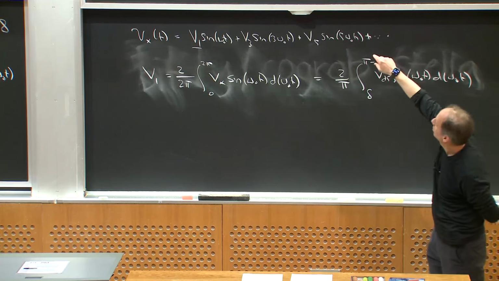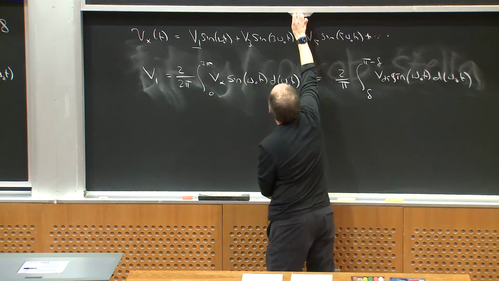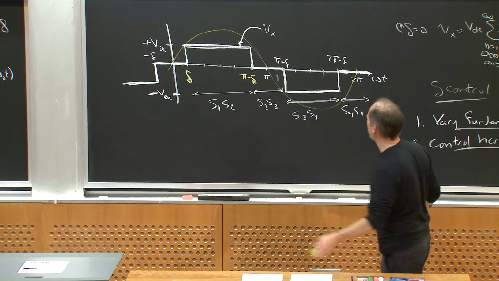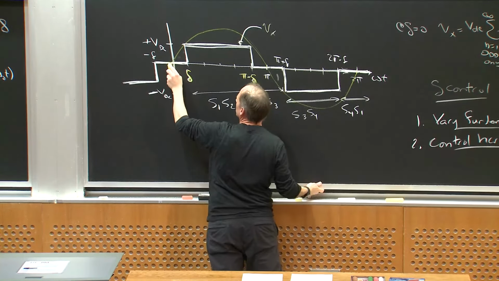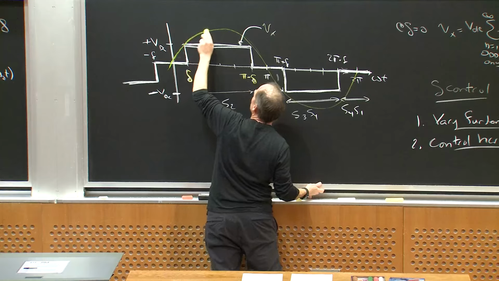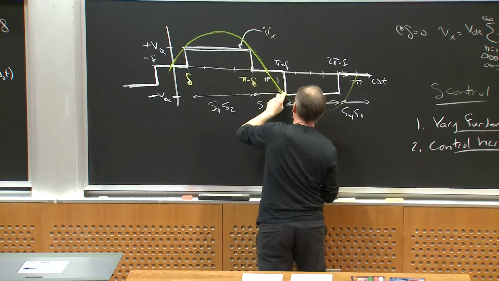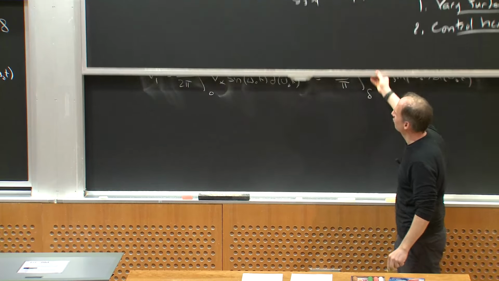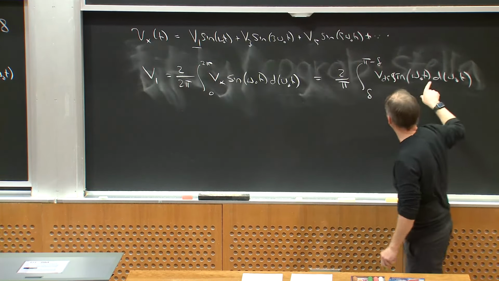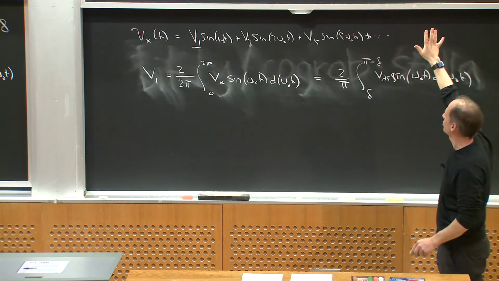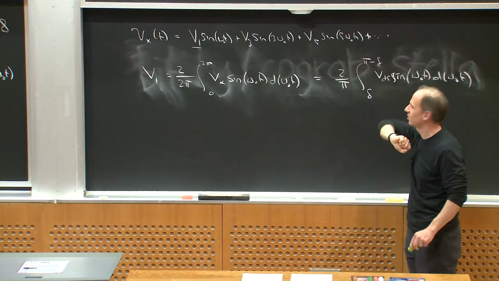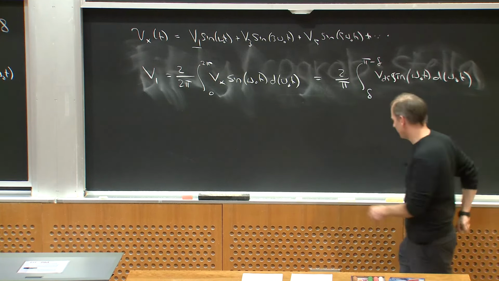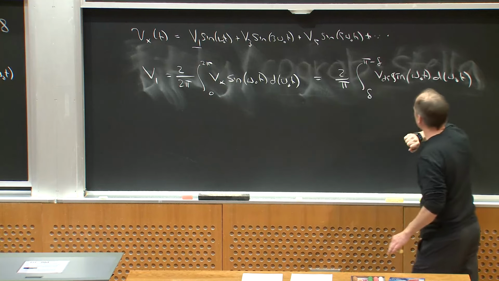All I'm doing is multiplying this green waveform, or a unit height version of it, by the white waveform and integrating it to find V1. Because the two halves of the integral are the same, I can just do it over half a cycle and double it. That becomes very convenient because this just becomes minus cosine.